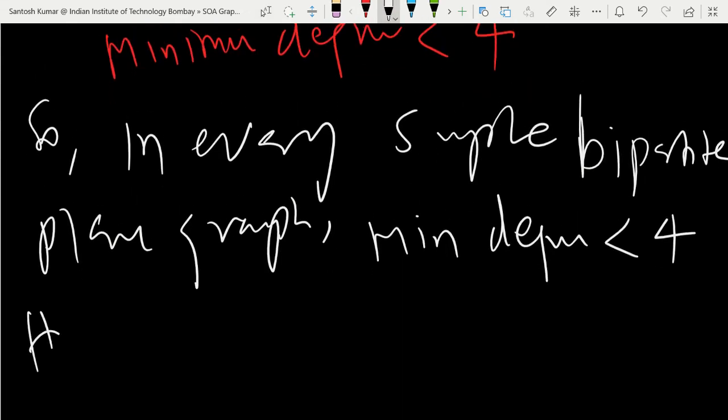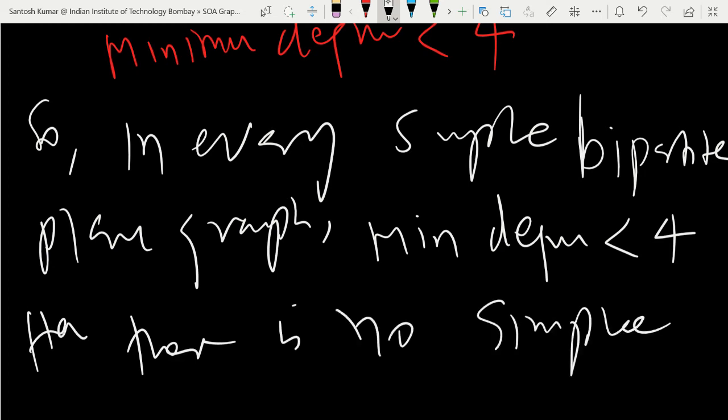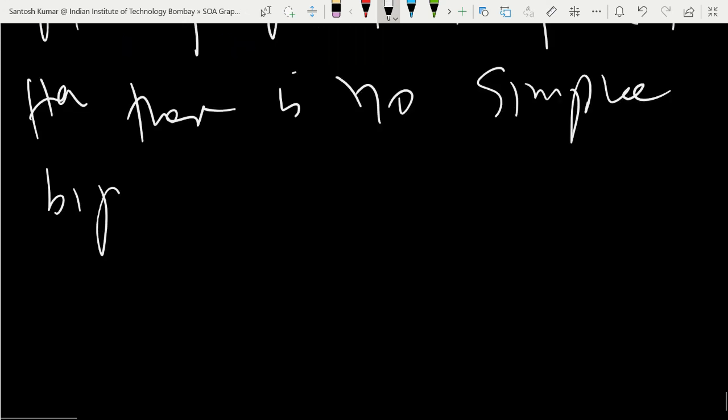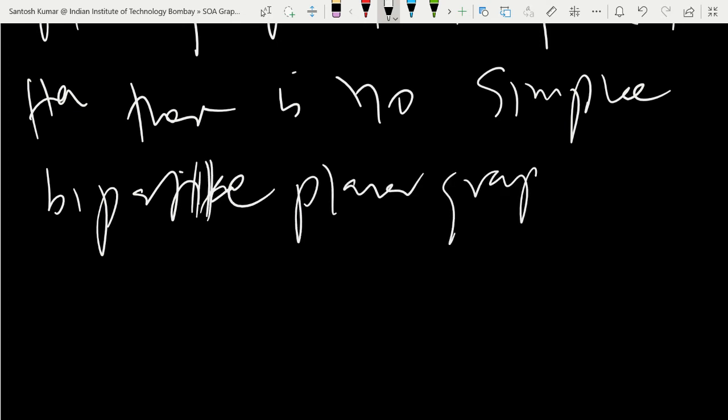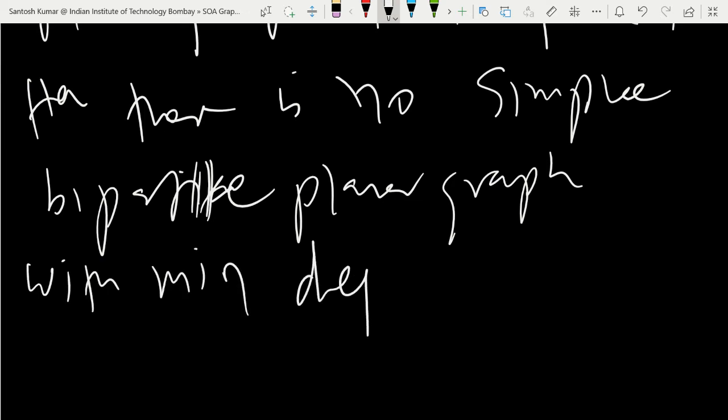Hence, there is no simple bipartite planar graph with minimum degree at least 4.